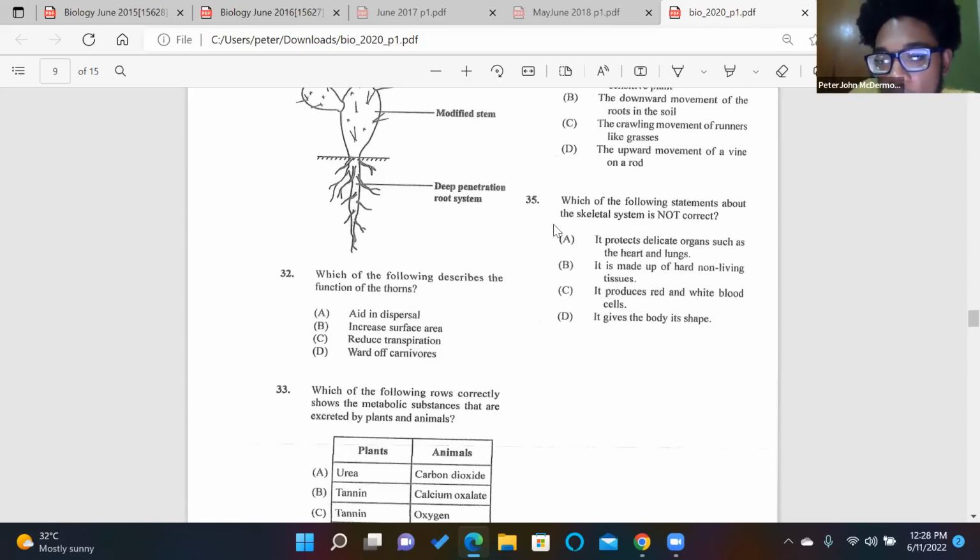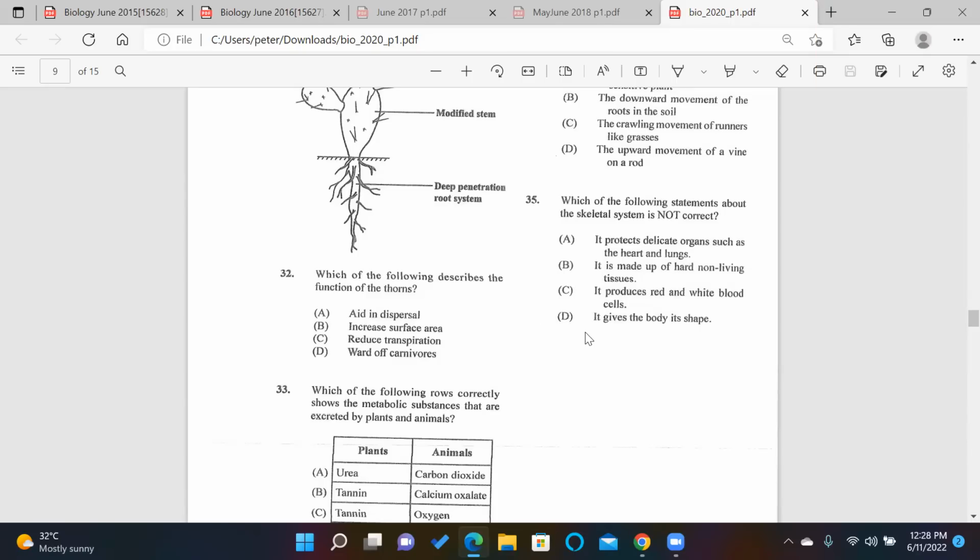Which of the following statements about the skeletal system is not correct? All right, let's do it this way. Is A true or false? True. Is C true or false? So false. All right, let's skip that for now.